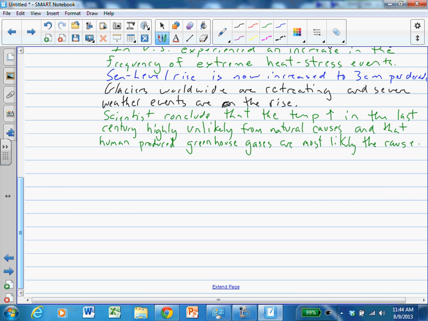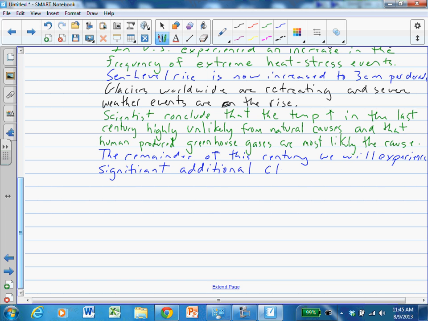In the remainder of this century we will experience significant additional climate change. Human action is largely responsible.